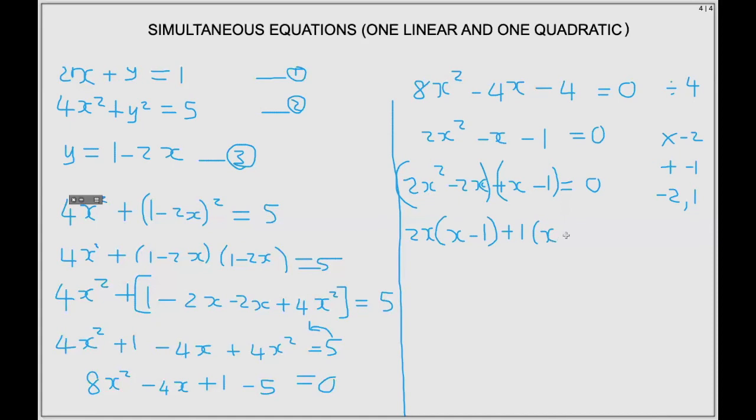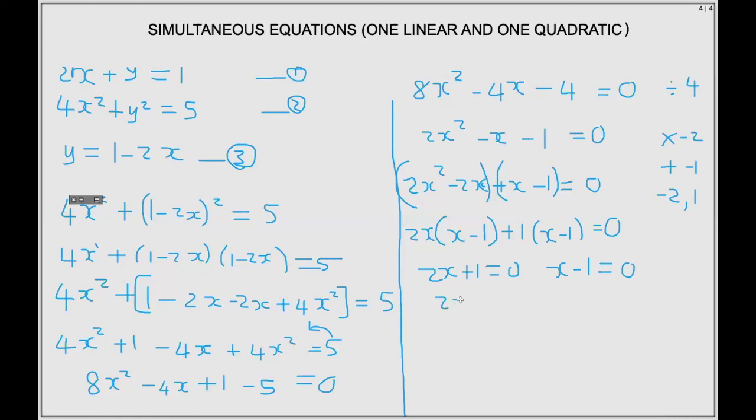So we're left with x minus 1 equals 0. Now, grouping the outer terms, we have 2x plus 1. Remember, we're solving, so I'm just going to have the equal 0. And 2x minus 1 equal 0.